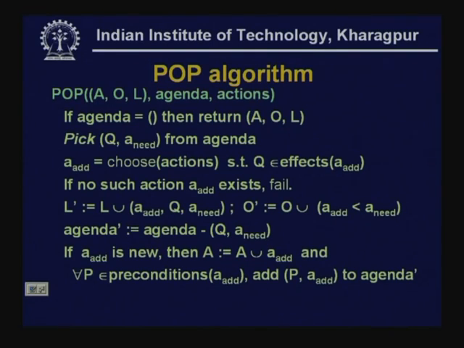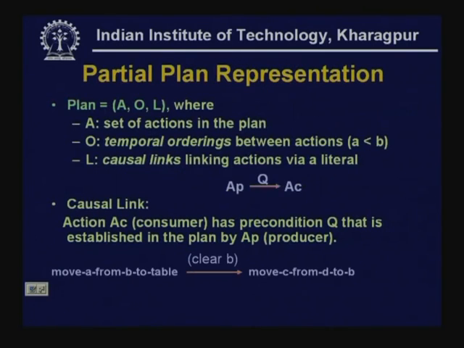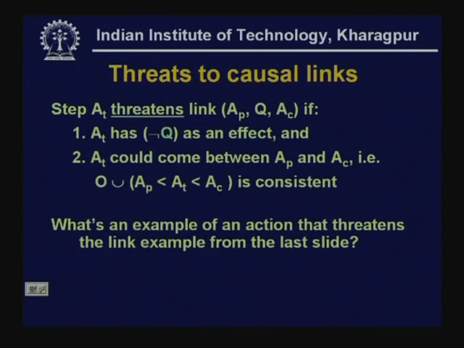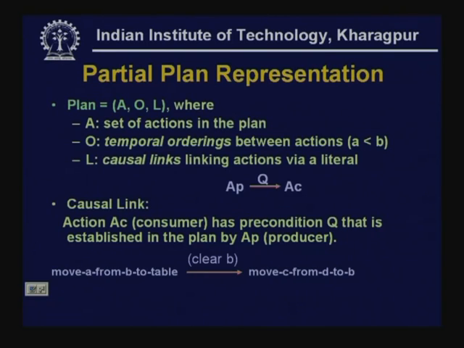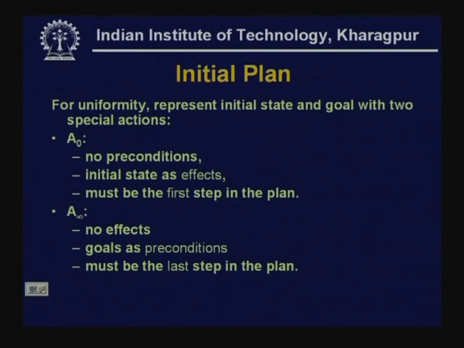Now, let us look at the partial order planning algorithm in slightly greater detail by seeing how we proceed. The partial order planning algorithm, POP, takes three arguments, AOL. A is a set of steps, O is a set of temporal orderings between steps, and L are causal links linking actions with the literals.